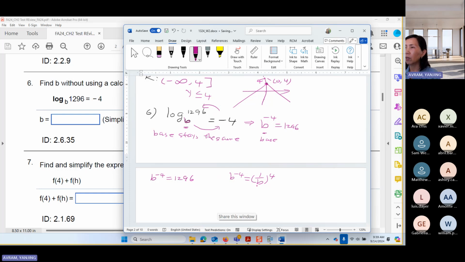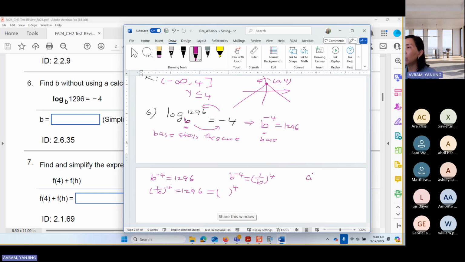So 1 over b to the 4 power will equal 1296. That means I'm going to break down this 1296 into something to the 4 power, right?